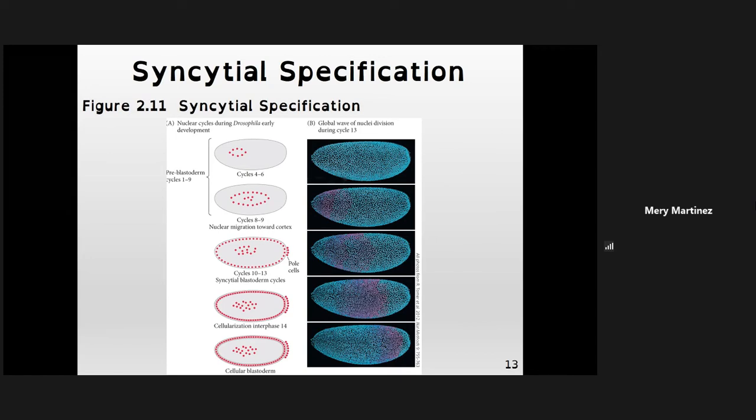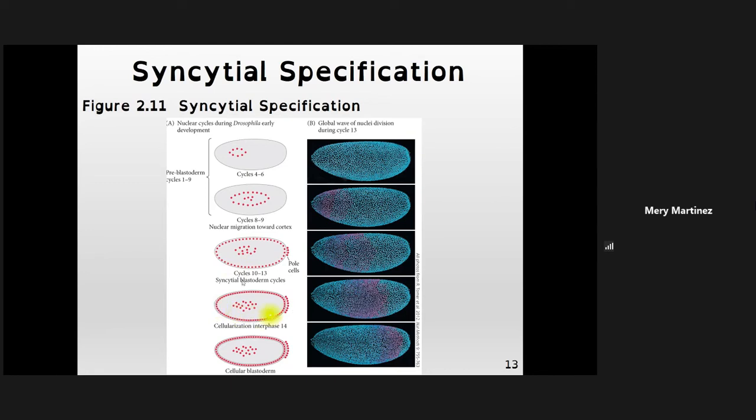So in early embryos, cell division is not complete, and they are always communicating with the cytoplasm. So part of the cytoplasm of the cell is connected to the syncytium here, okay? The nuclei divide within the egg cytoplasm, creating many nuclei as time passes.